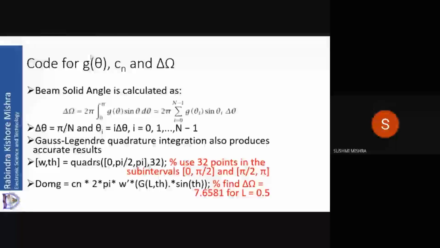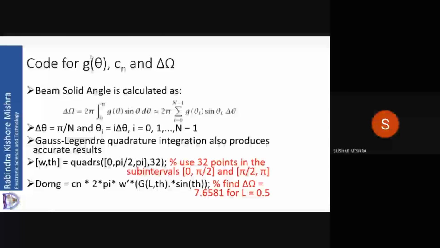I is equal to 0 to n minus 1. G theta I sin theta I delta theta. That is what we have written in the previous slides. Now delta theta, you know what we have used for delta theta, pi by n. Theta I is equal to I into delta theta in this expression, and I goes from 0 to n minus 1 in this summation or in this approximation that we have used.